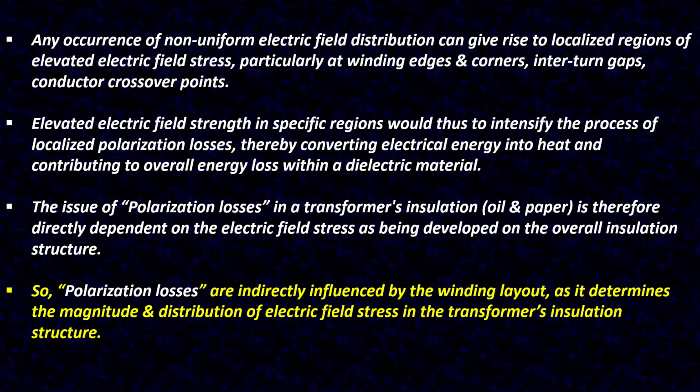The issue of polarization losses in a transformer's insulation, oil and paper, is therefore directly dependent on the electric field stress developed on the overall insulation structure. So, polarization losses are indirectly influenced by the winding layout, as it determines the magnitude and distribution of electric field stress in the transformer's insulation structure.